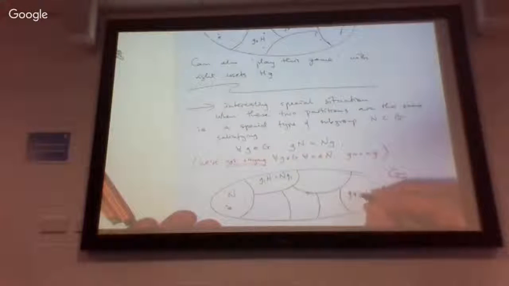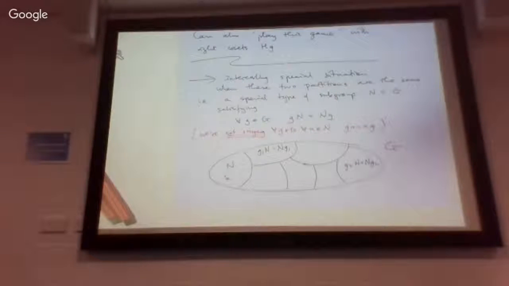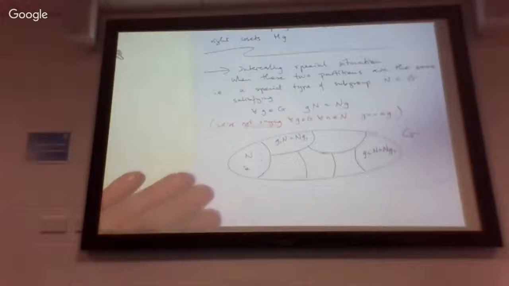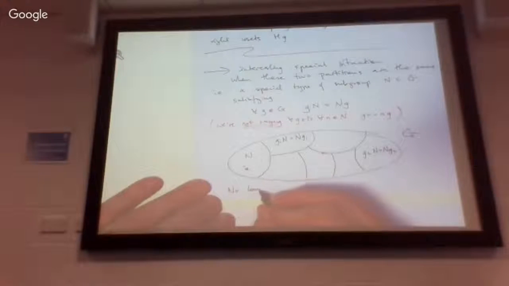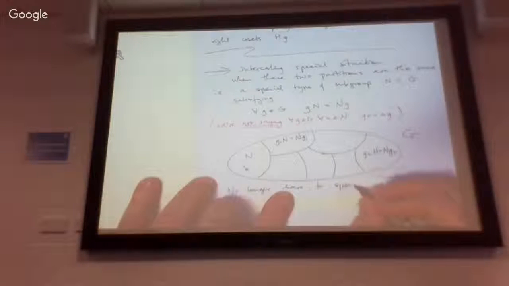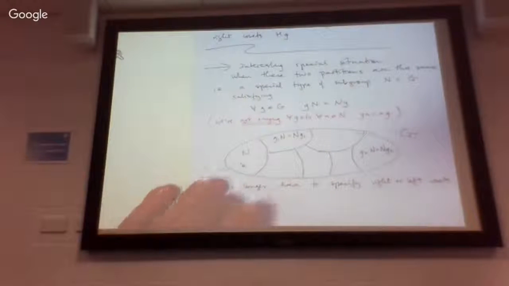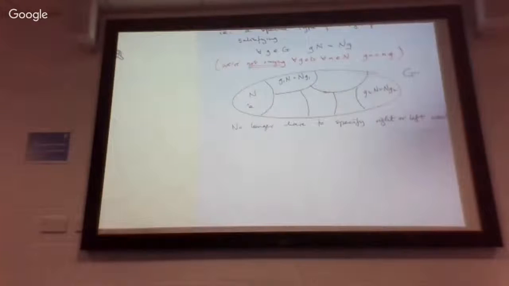Here's another coset, g2N, and it's also Ng2. So no longer have to specify right or left coset. That's what we spent some time exploring in the last lecture.